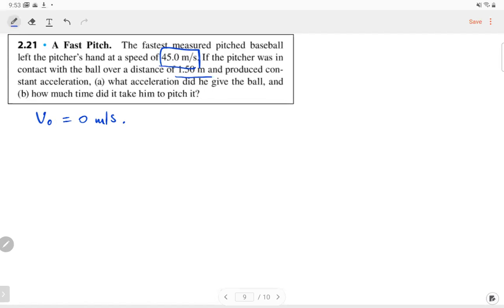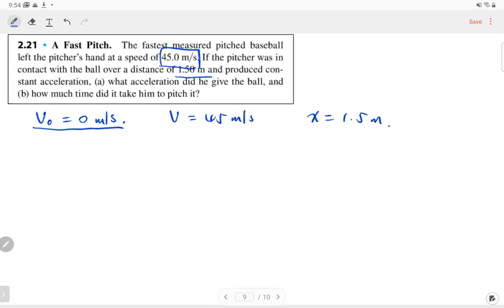The baseball starts from 0 and is accelerated by the pitcher, and the final velocity is 45. Now with this assumption, we have 3 parameters in total. We have displacement 1.5 meters, initial velocity, final velocity, and then what's the acceleration?